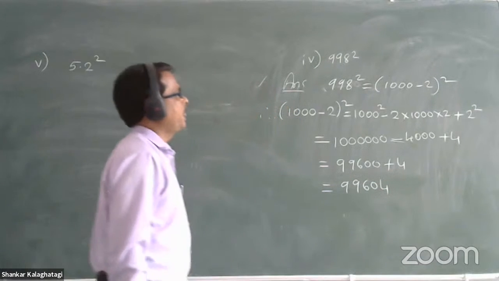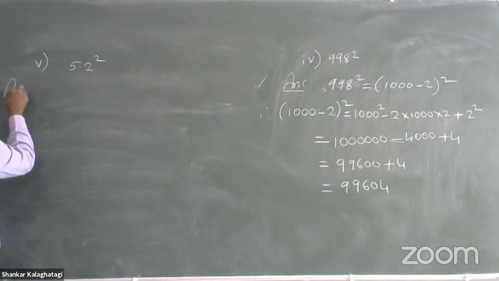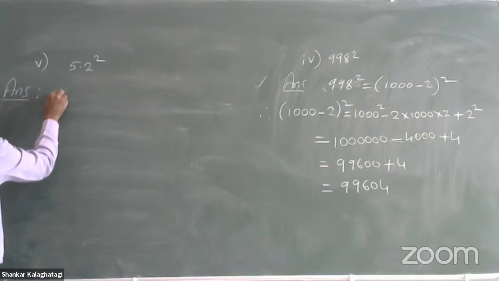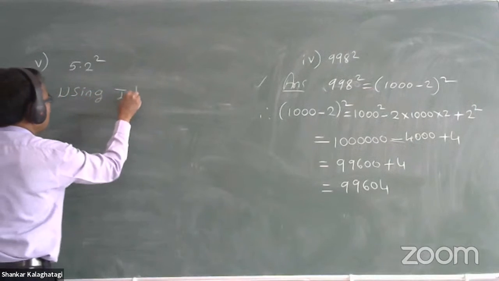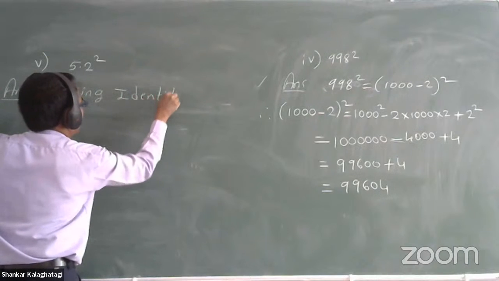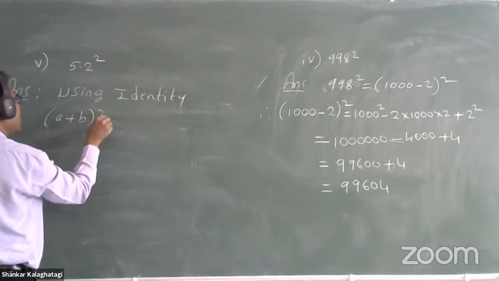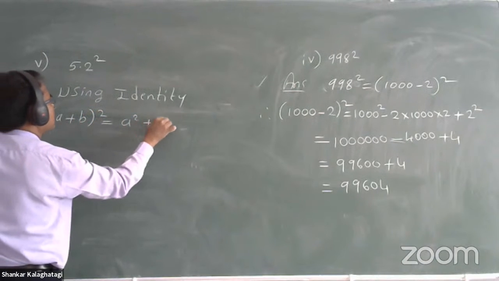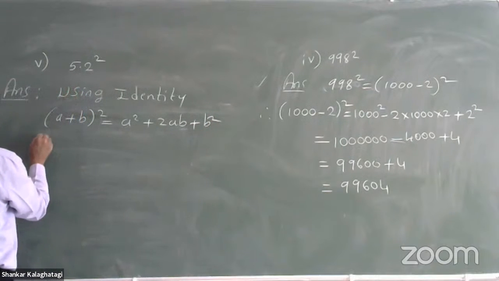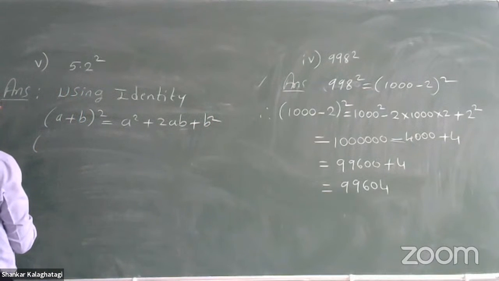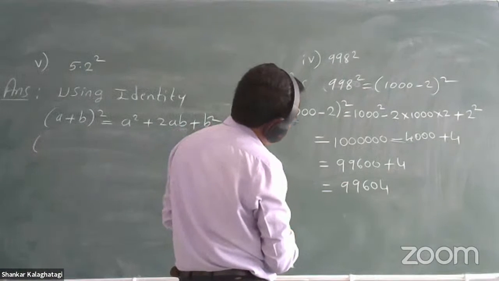Correct? Okay, this one, how many have you completed? Using identity, which identity? a plus b bracket square equal to a square plus 2ab plus b square. Sir, there should be another 0 in the answer, sir. Otherwise, that will not be the square of 998.